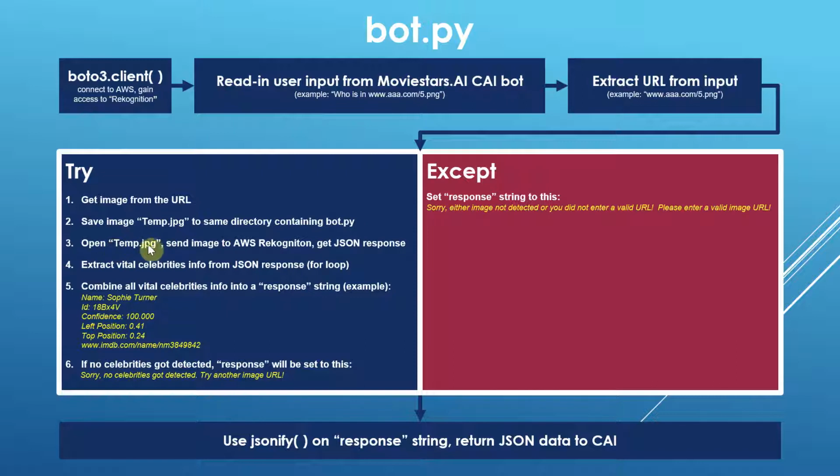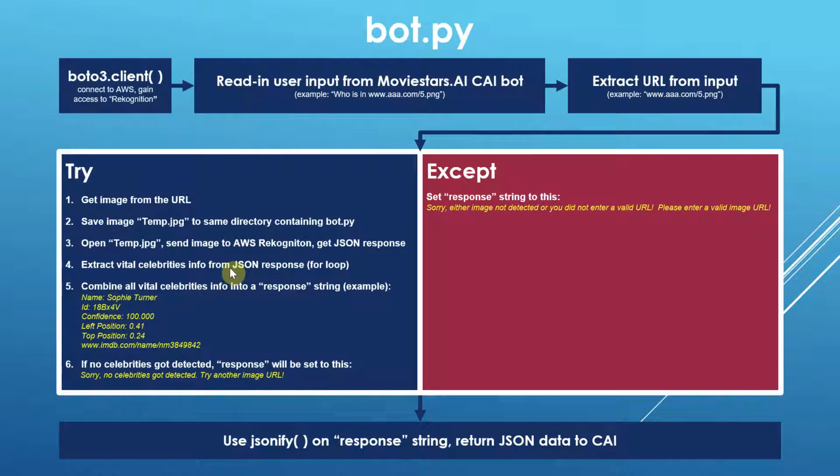Then you open temp.jpg from the local directory, upload it into the program, and send the image to AWS Rekognition. Eventually you get a JSON response from AWS regarding which celebrities are inside the image.